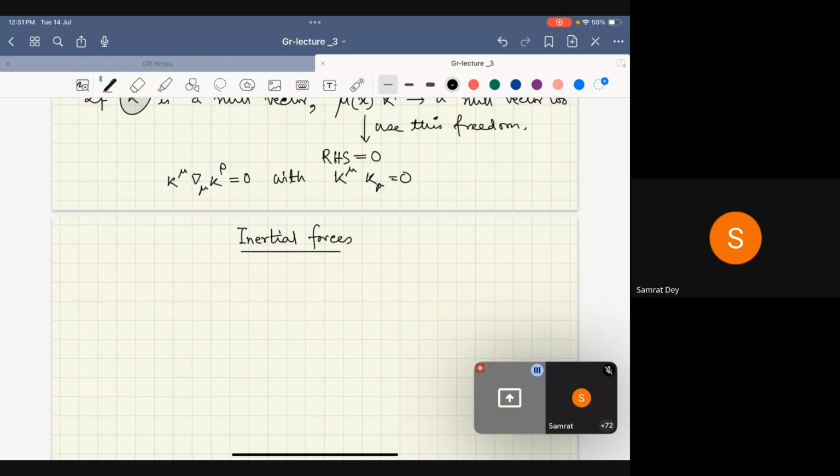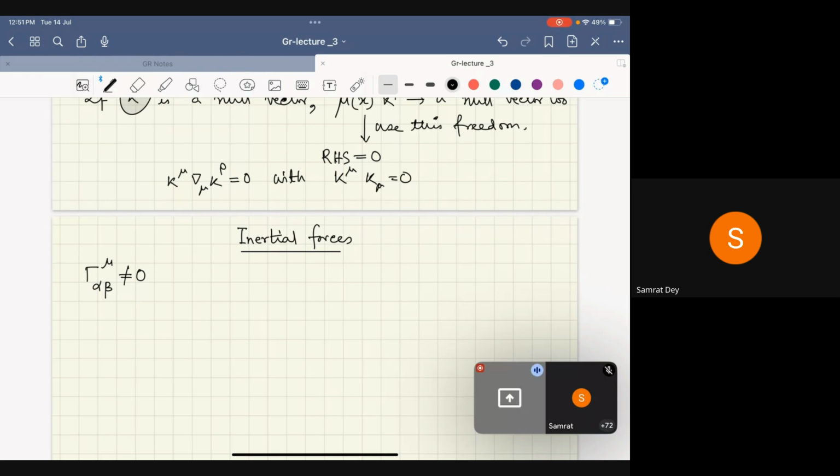So the geodesic equation tells us that if space-time gives non-zero connection coefficients, that is, if gamma mu alpha beta are non-zero, then there are two possibilities.